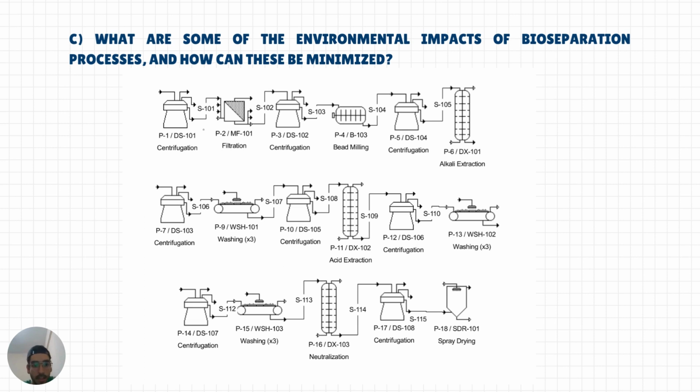This can be seen in the following flow diagram for our challenge. And at the laboratory scale, these washes consisted of 20 milliliters for the pellet concentration, ranging between 1 to 3 grams, making it a total of 180 milliliters of water down the drain.